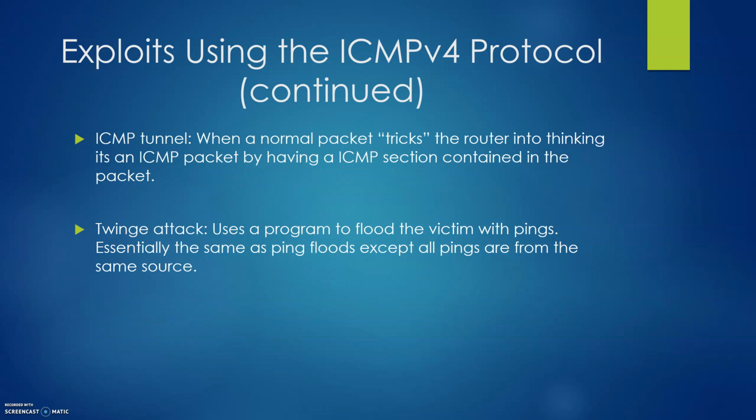ICMP tunnel, this one just tricks the host into thinking it's an ICMP packet when it's actually something else. Twinge attack is basically like the other 3. It sends a lot of pings to the victim.